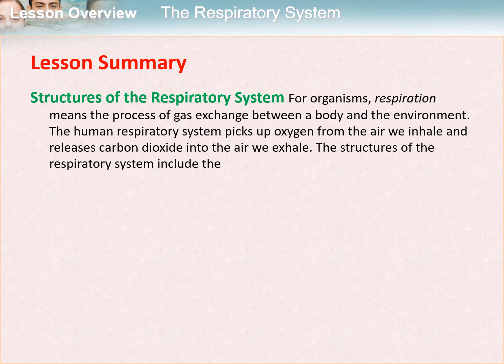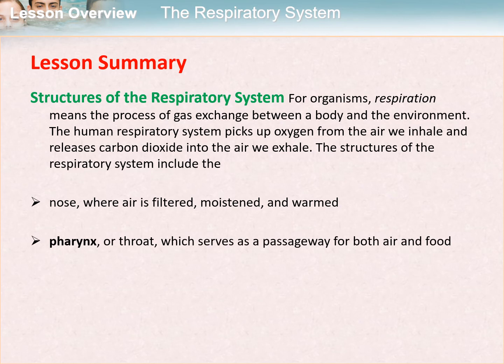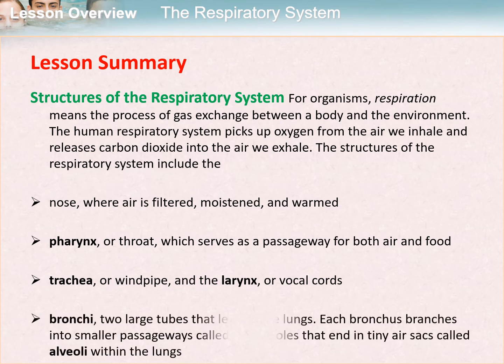For organisms, respiration means the process of gas exchange between a body and the environment. The human respiratory system picks up oxygen from the air we inhale and releases carbon dioxide into the air we exhale. The structures of the respiratory system include the following: the nose, where the air is filtered, moistened, and warmed; the pharynx or throat, which serves as a passageway for both air and food; the trachea, or the windpipe; and the larynx or vocal cords.